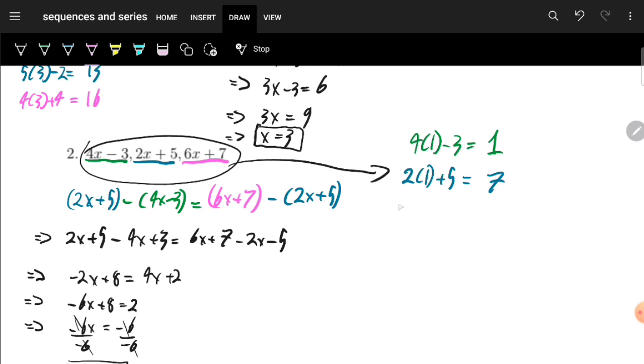And the last term will be 6 times 1 plus 7, so that's 13. So we're going up by 6 here and going up by 6 there as well, which is good, right? Meaning this is arithmetic and we did everything correctly. All right.